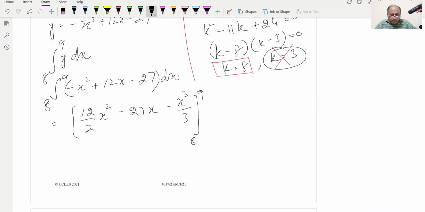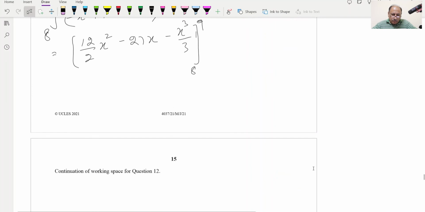Hopefully you are comfortable with simple integration, which will not require any explanation. Now we replace the upper limit first, and then the lower limit.